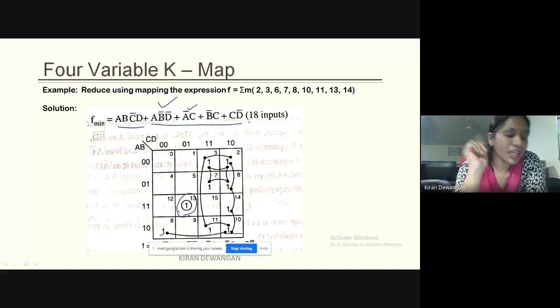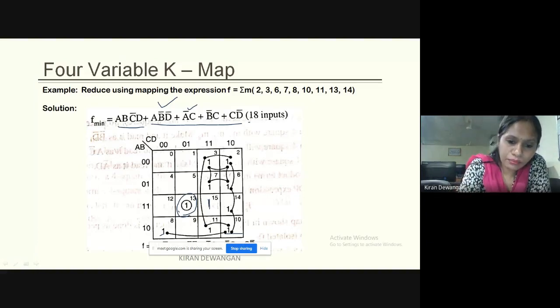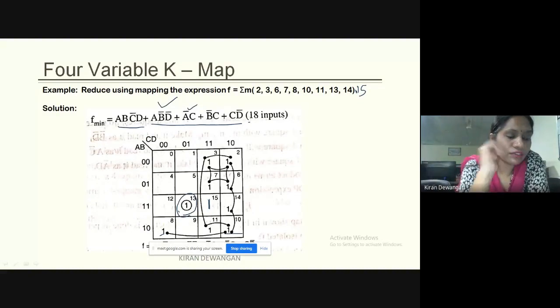Clear? अगर यहाँ पे octet होता तो क्या होता? Let us suppose we have one more min term present here. Can you see that? I've marked the min term here. अगर यहाँ पर 15 होता तो क्या होता? Anybody? What happens if there were one more min term present here?